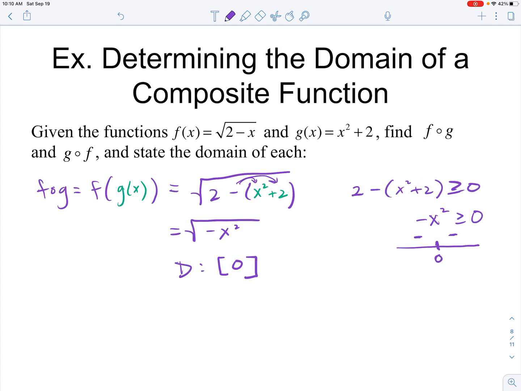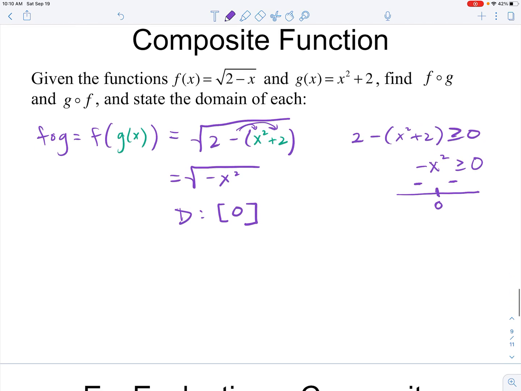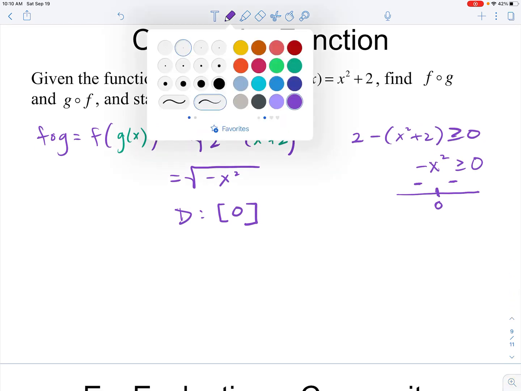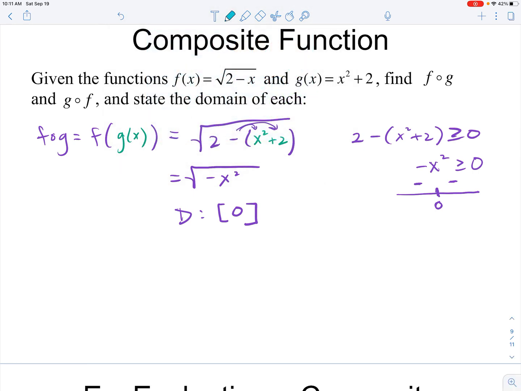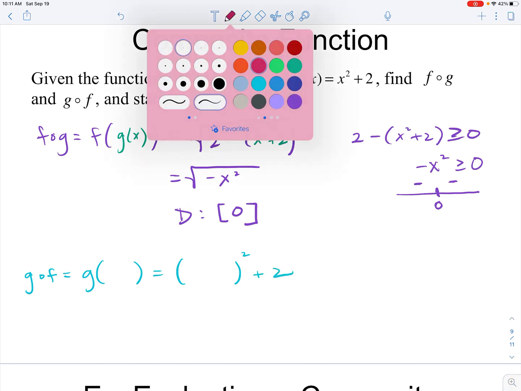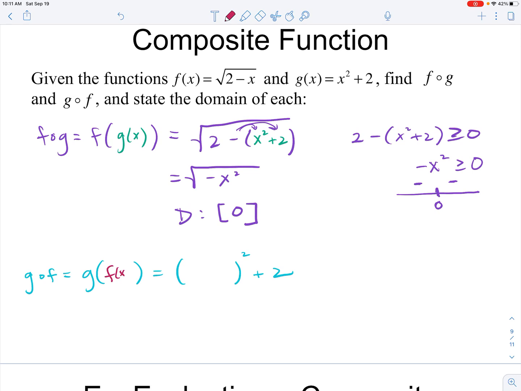Kind of crazy. Let's find g composed with f. So g is the outside function. And f is the inside function.